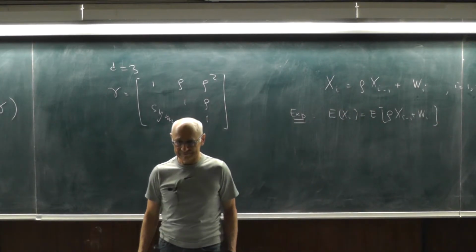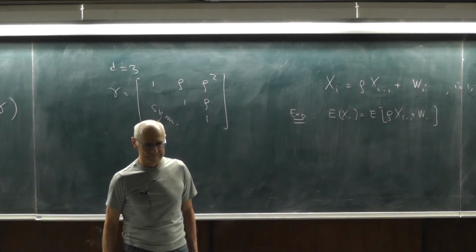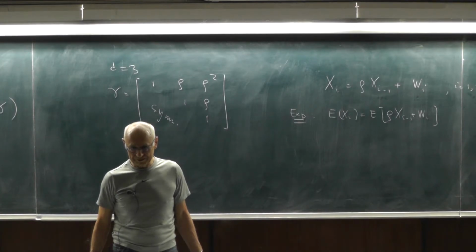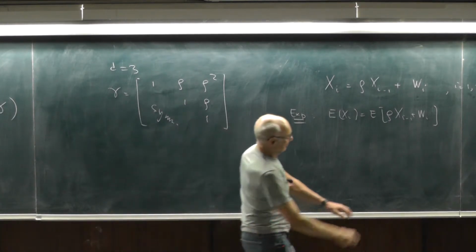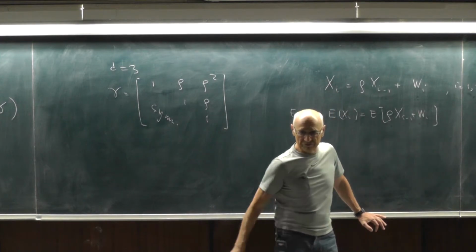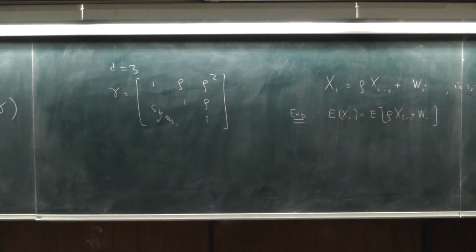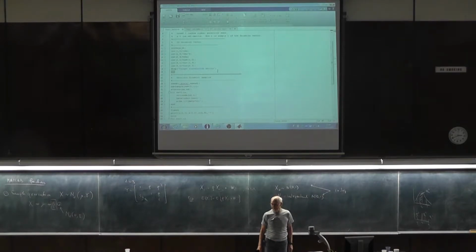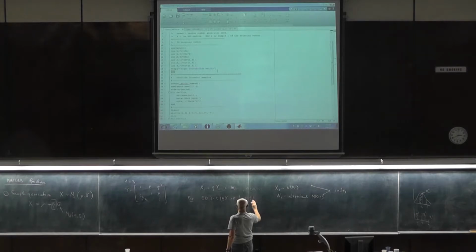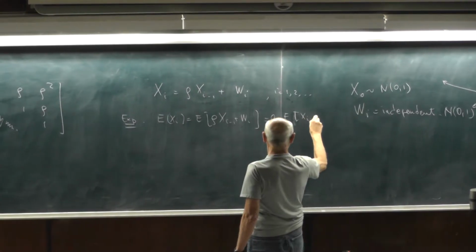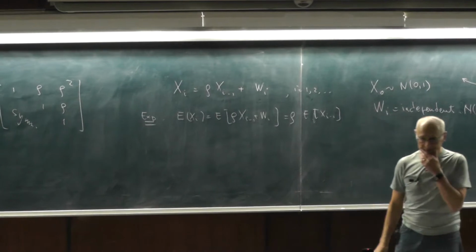Linear operator, that is expectation of this plus expectation of W. Expectation of W is 0. So what's left?